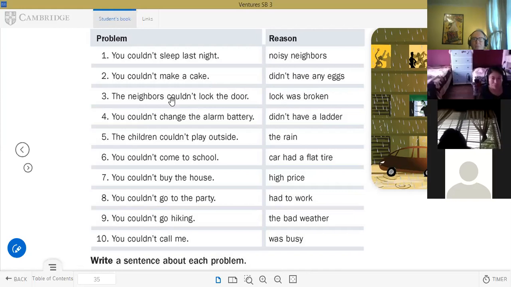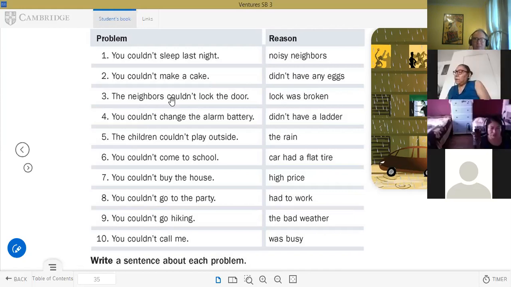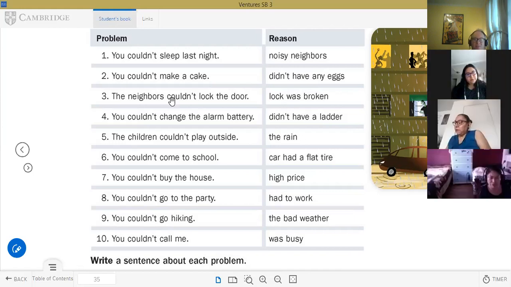Why couldn't you come to school? Because my car had a flat tire. Because the car had a flat tire, right? Because we have a subject and a verb. Car had. Why couldn't you buy the house? Number 7. Because the price is high. High price. Because of the high price. Exactly. Because of the high price.